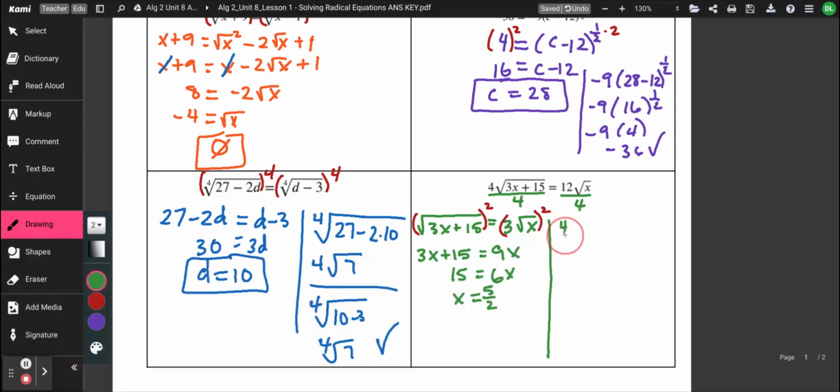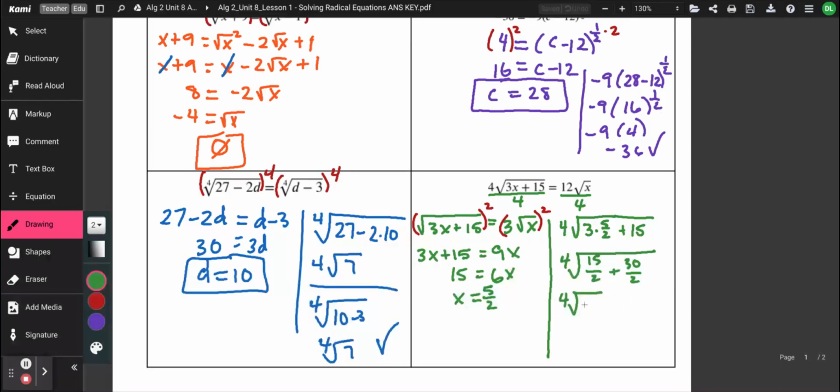So we have 4 times the square root of 3 times 5/2 plus 15. So 3 times 5 is 15 over 2 plus 15, and this is going to be the equivalent of 30 over 2.